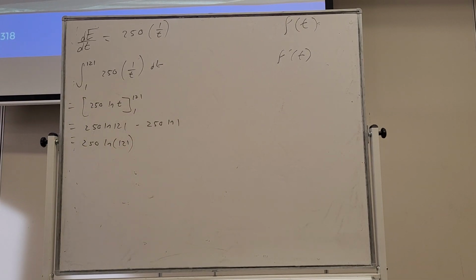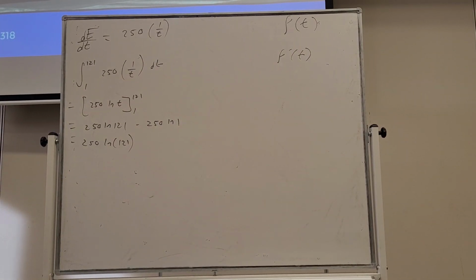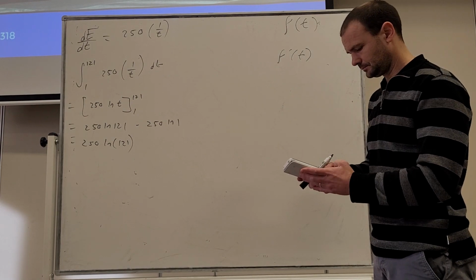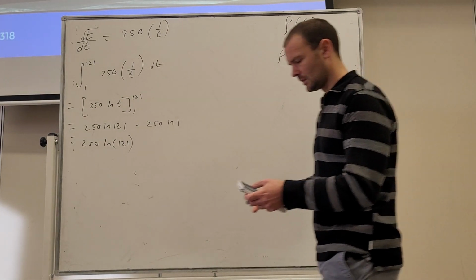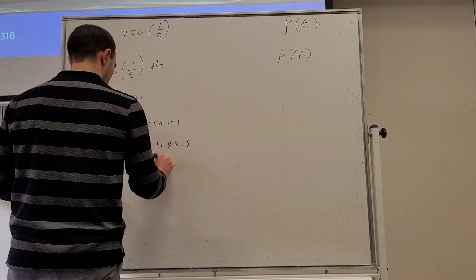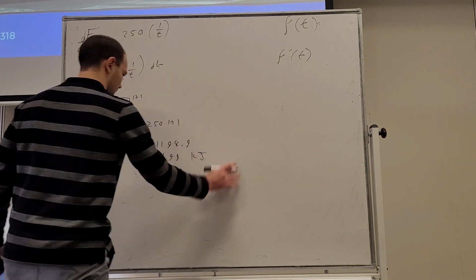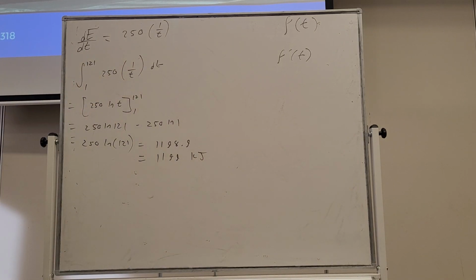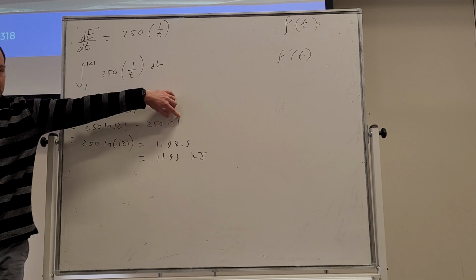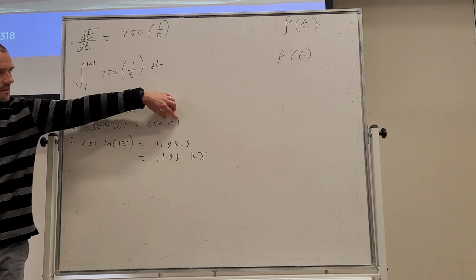I'm going to put it in my calculator. And we've got 1198.9, 1199 kilojoules. Just to reiterate, ln of 1 is 0, so that's always going to go to 0.